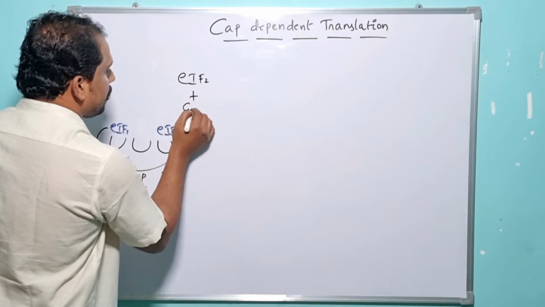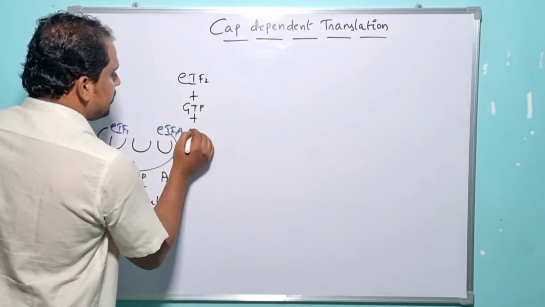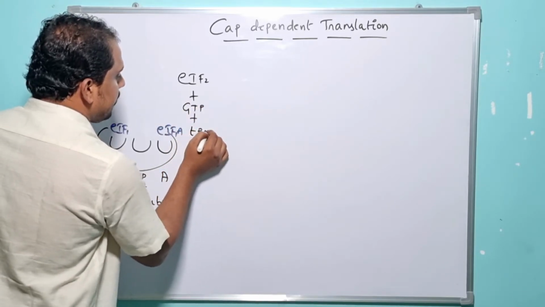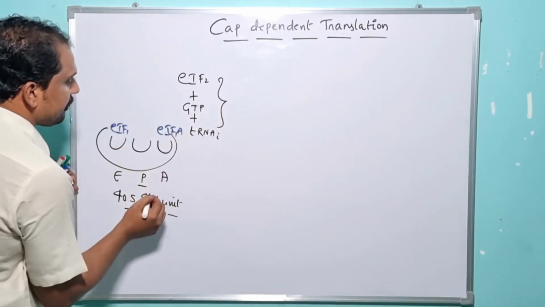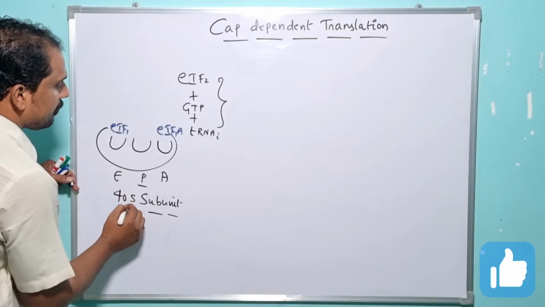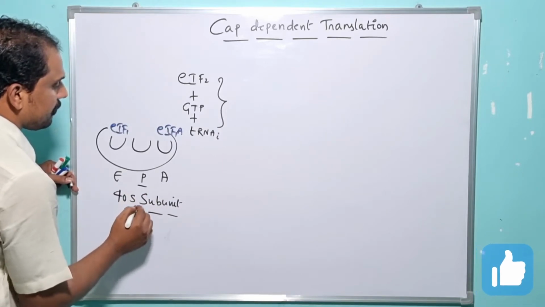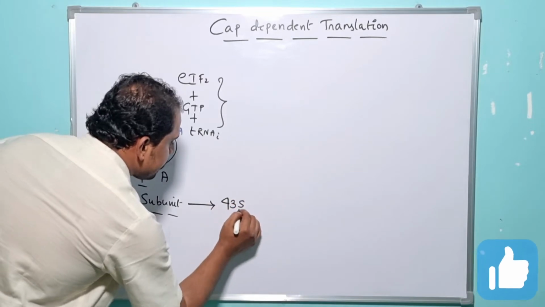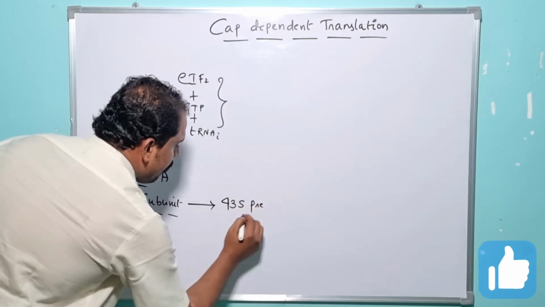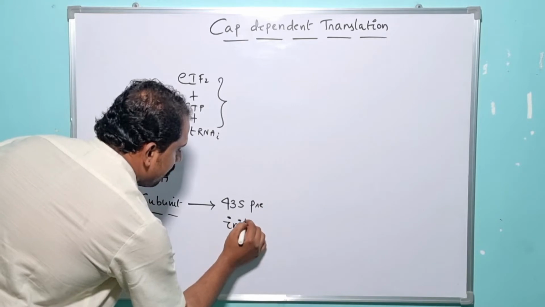Eukaryotic initiation factor 2, and in addition GTP and the initiator tRNA. So here it is nothing but the ternary complex. So once the ternary complex is recruited to the 40S subunit of the eukaryotic ribosome, it leads to the formation of the 43S pre-initiation complex, right? 43S pre-initiation complex.